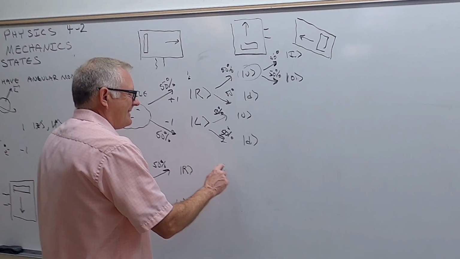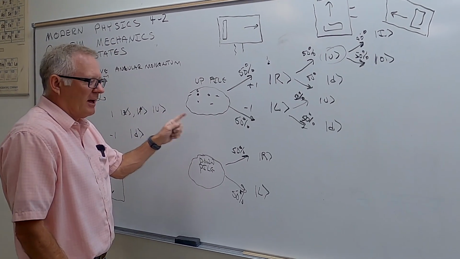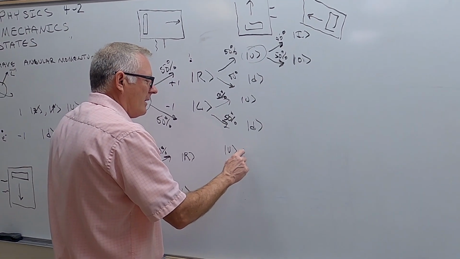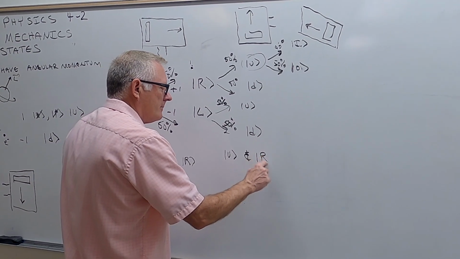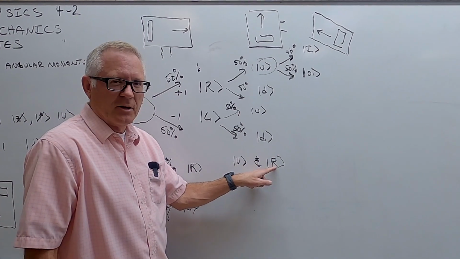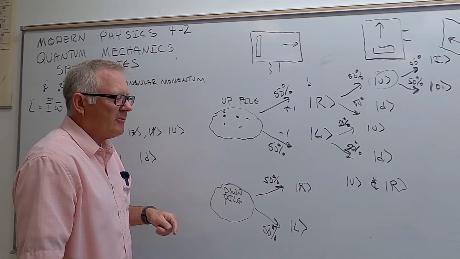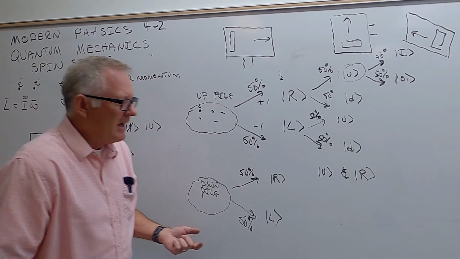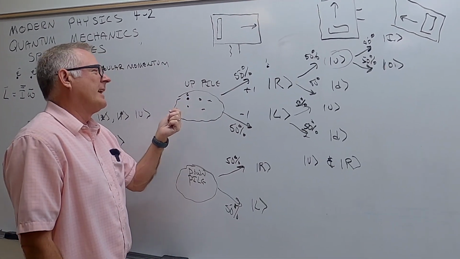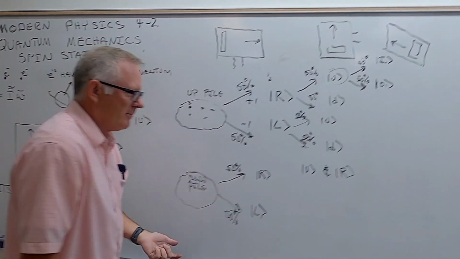Notice here, I can never know whether the electron is up and right. I can never know it's both, because when I measure up, I destroy rightness. When I measure right, I destroy upness. So it's kind of like an uncertainty principle. I cannot know whether this electron is both up and right, or up and in, and so on.